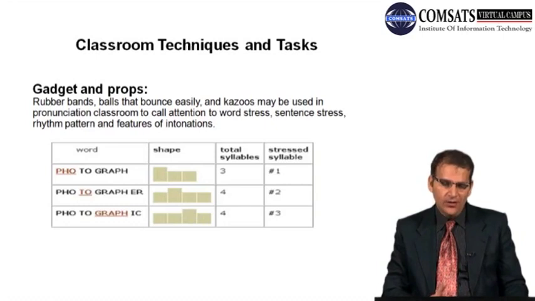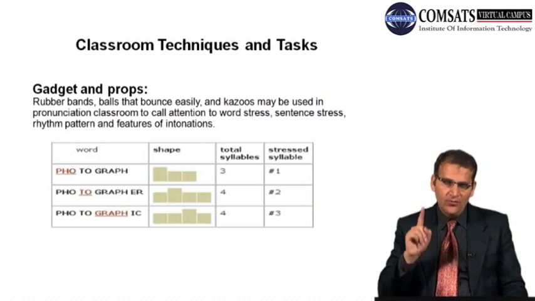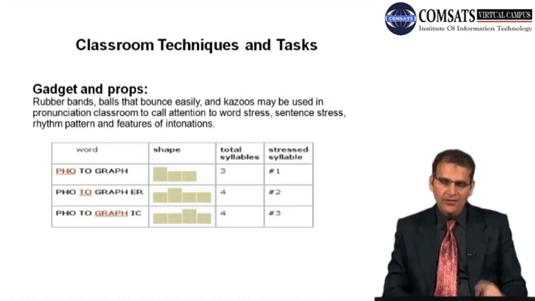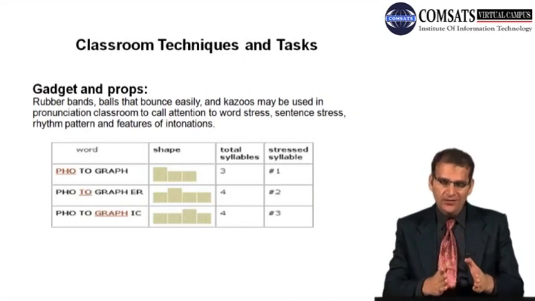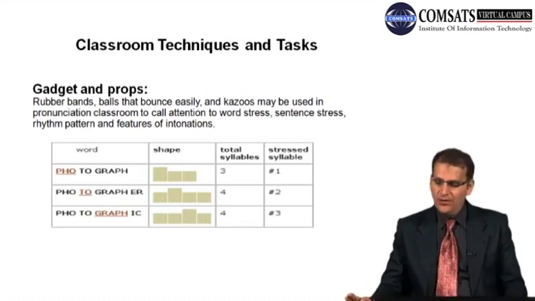Stress on what? Stress syllable 2. So photographer, and then photography. And then photographic. So stress on 1, 2, and 3. In the first one, stress on 1, then second one, third one, see, photographic. There are 2 stresses. So see, this chart, this table helps you out.